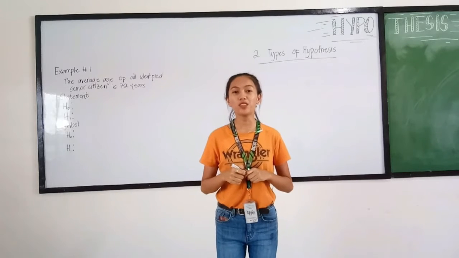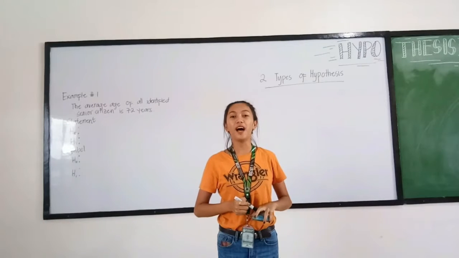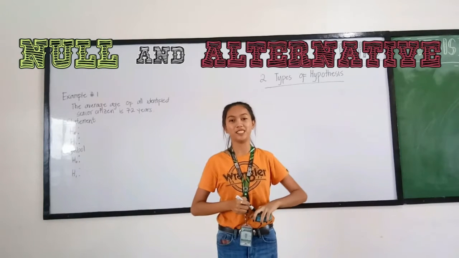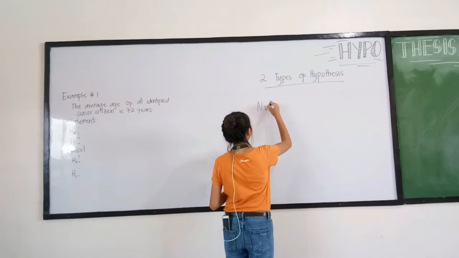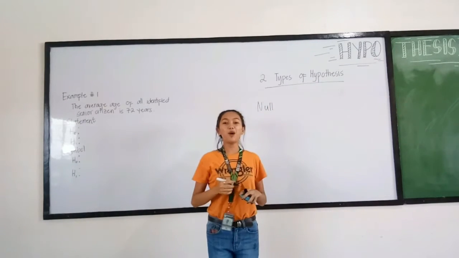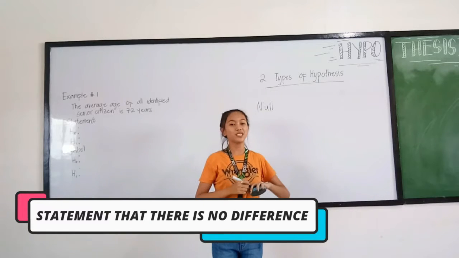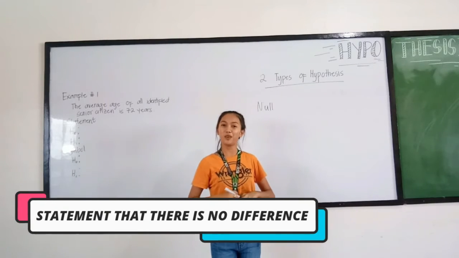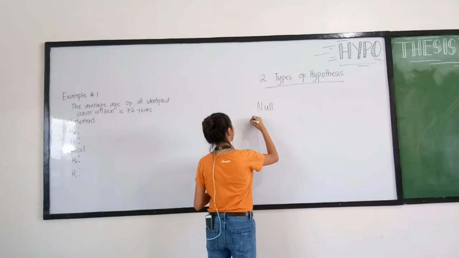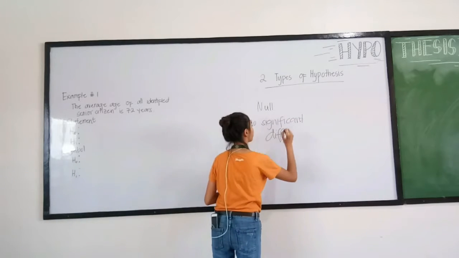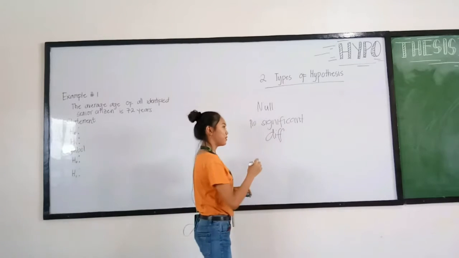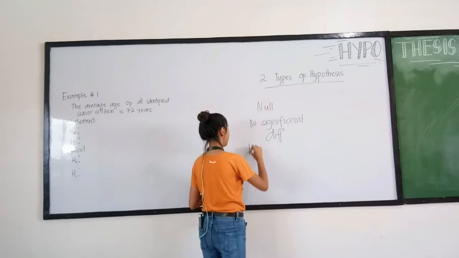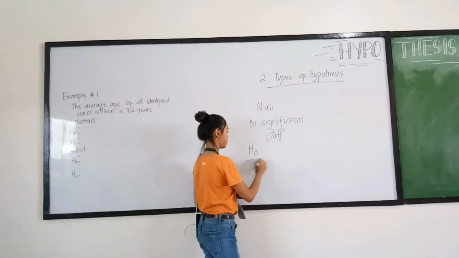So here are the two types of hypotheses. The null and alternative hypothesis. Null hypothesis is a statement that there is no significant difference between parameters, and it is denoted by H sub 0.